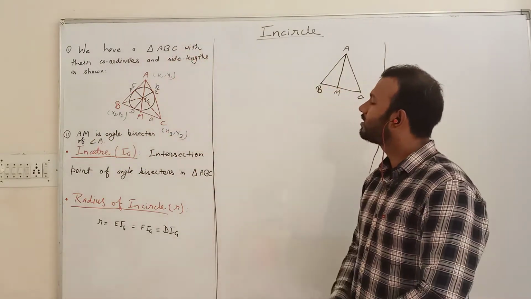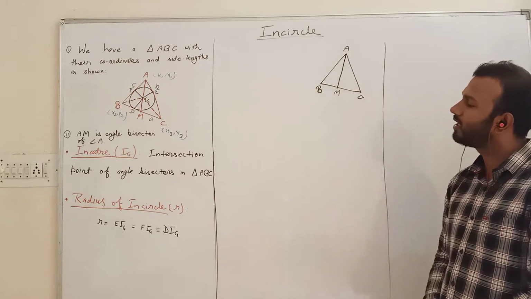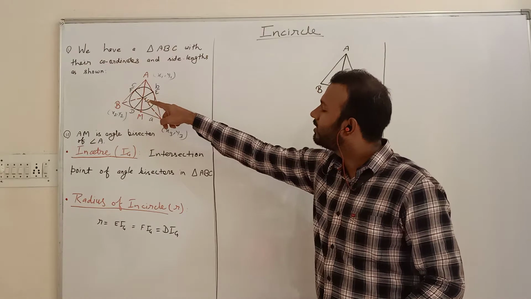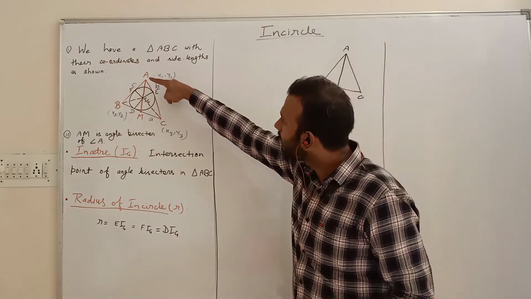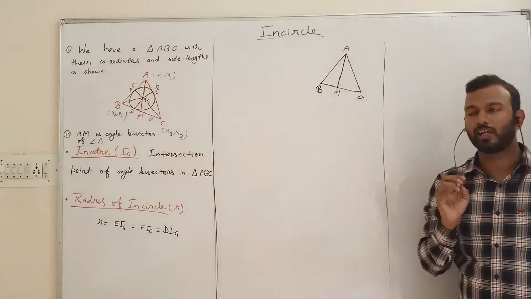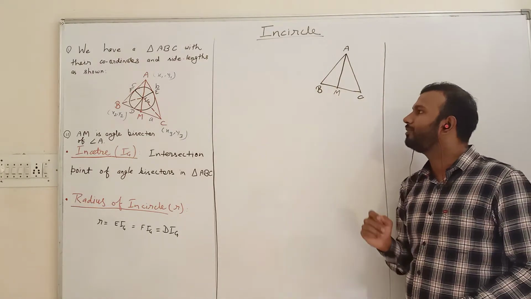So an incircle is basically a circle within a triangle with its center at a point such that when you draw the angle bisectors of the angles of the triangle, we have three angles in triangle ABC.